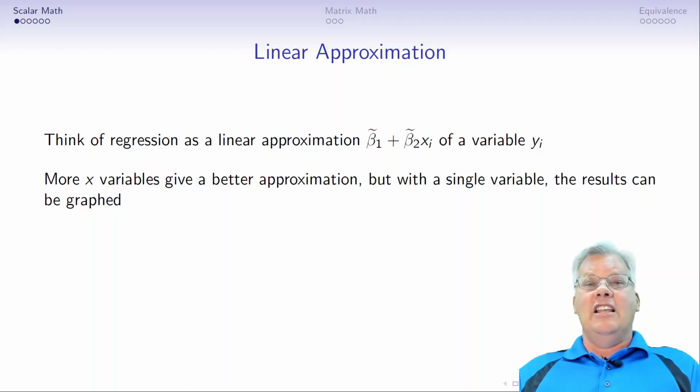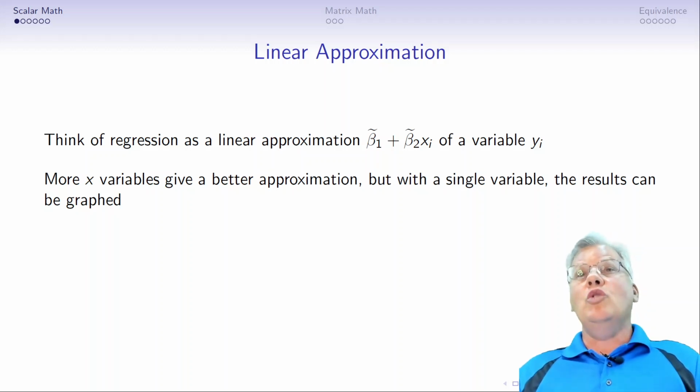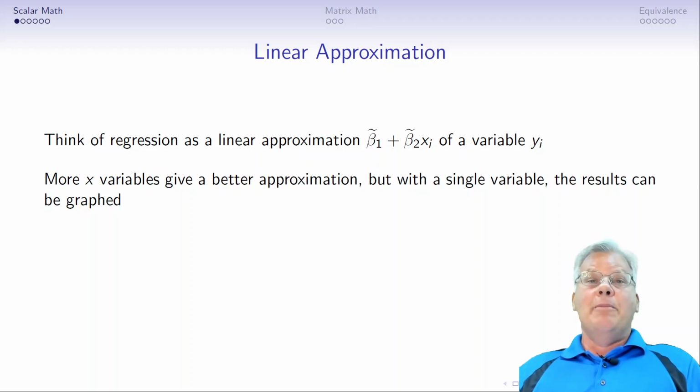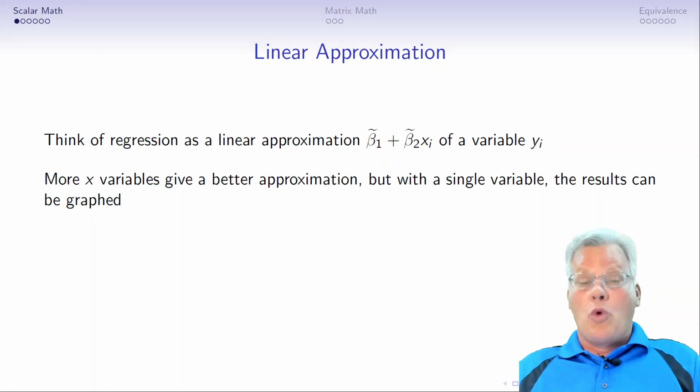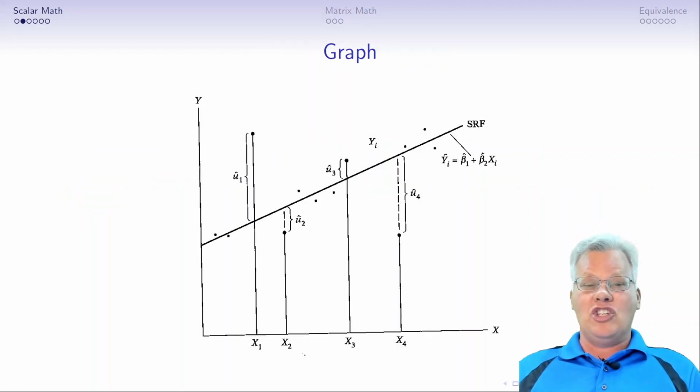Think of this as a two-dimensional graph with y on the vertical axis, x on the horizontal axis, and we're going to use the value of x to make a linear approximation of y. More variables certainly do give a better approximation, but the virtue of using one variable is mathematical simplicity and the ability to draw pictures. We can graph this linear approximation.